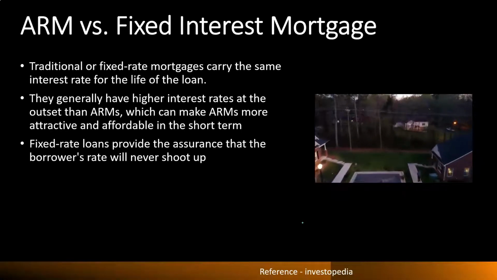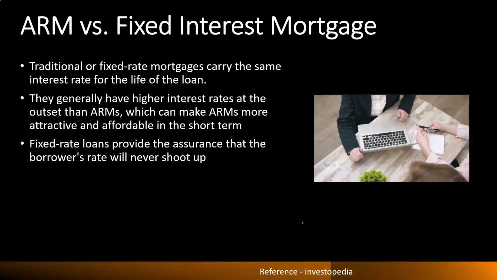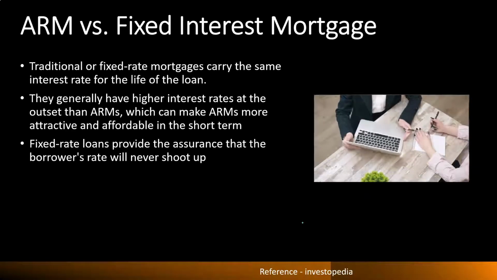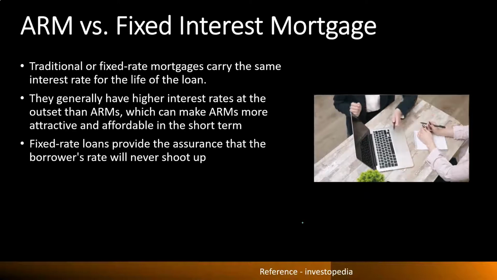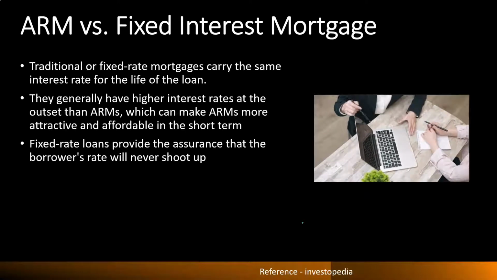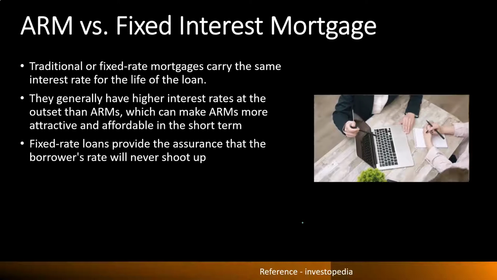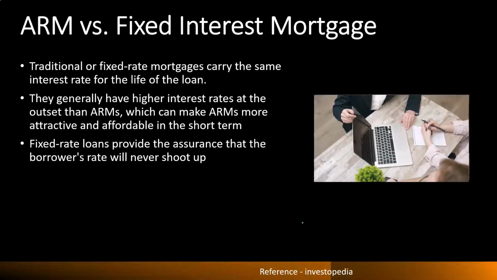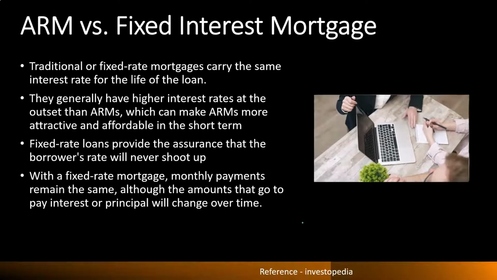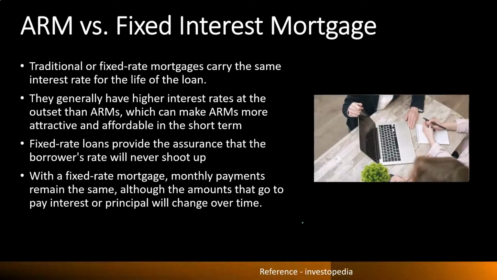So fixed rate loans provide the assurance that the borrower's rate will never shoot up. So the idea of the fixed rate is that it's fixed and you can make the payment because you know what the payment is and you've budgeted that in, and you're not going to have this huge increase even if there's some giant inflationary time period that happens because of some craziness going on in the market or whatever.